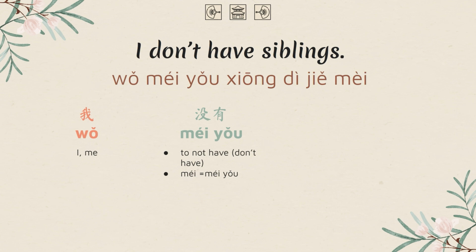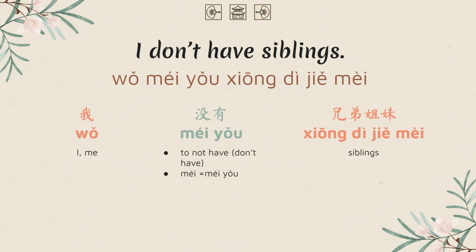But 有 is special. To negate 有, we put this new word 没有. You can also shorten it to just 没. It makes it sound more casual. So 我没有 I don't have 兄弟姐妹. So if you're an only child like me, then you could say 我没有兄弟姐妹.